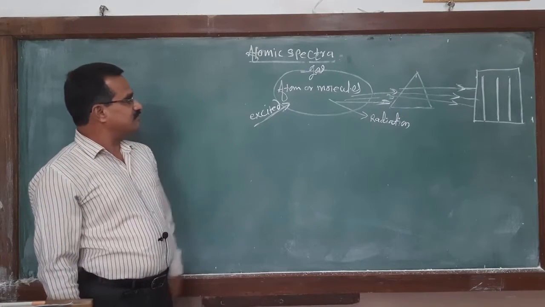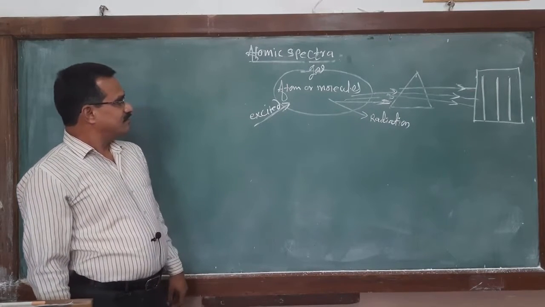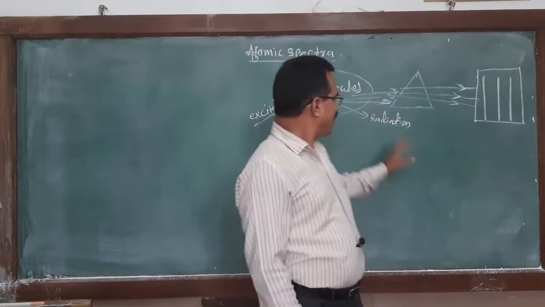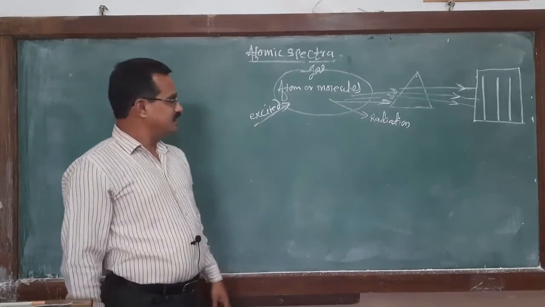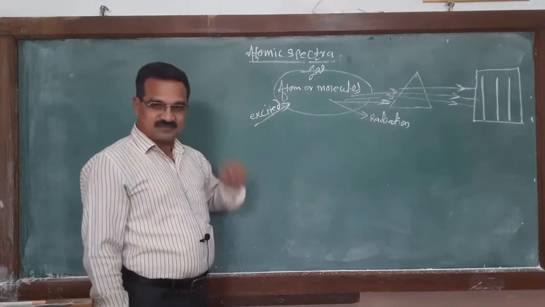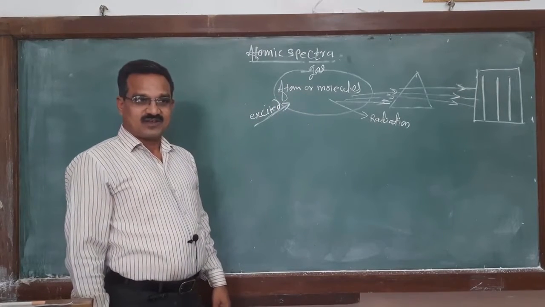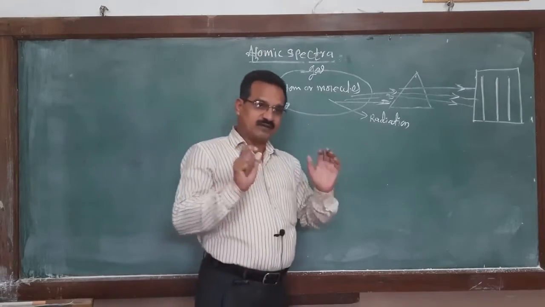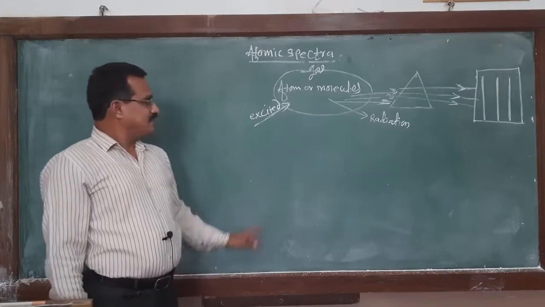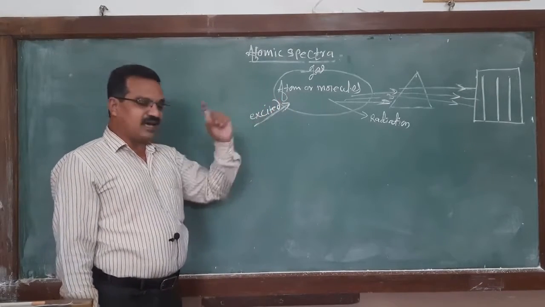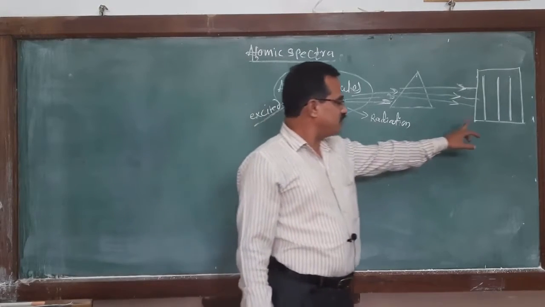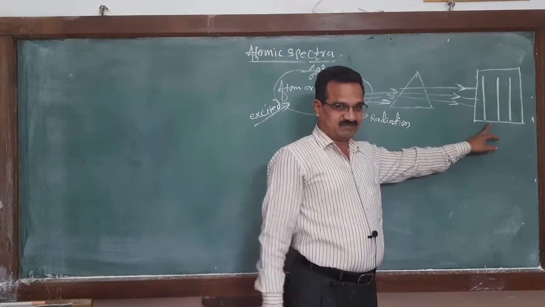Second thing you remember, the atomic spectrum obtained here is when the gas is in excited state. Atomic spectrum can be obtained by de-exciting the gas. And for each and every element of the atoms, this atomic spectrum is unique.